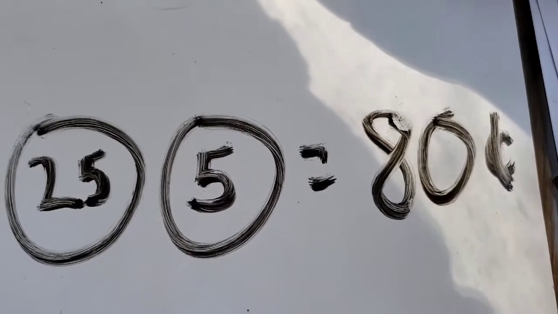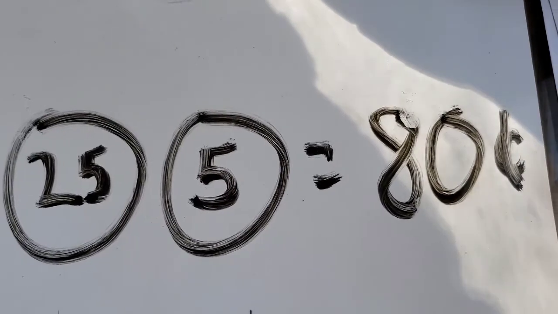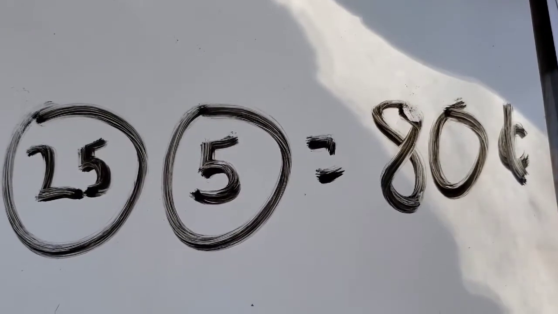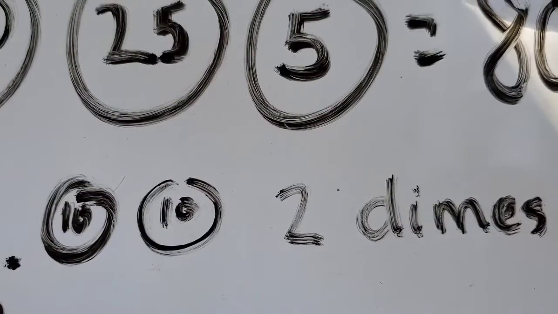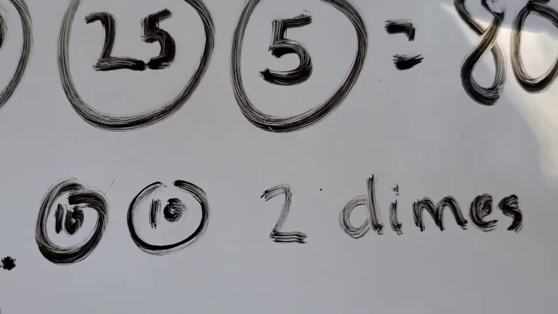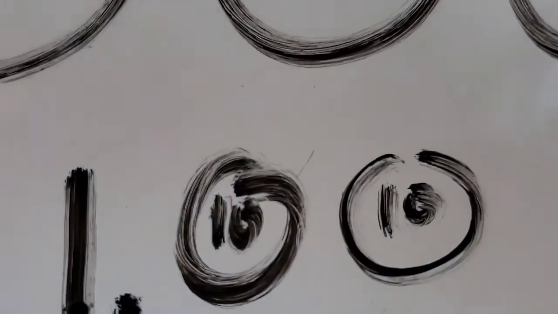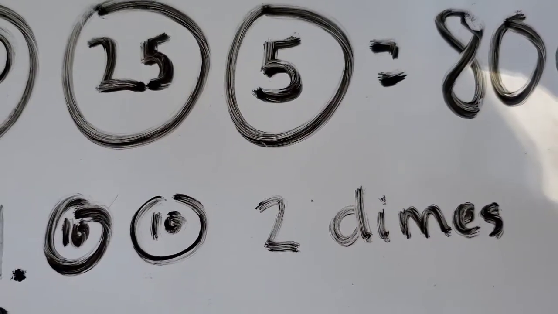So let's do the skip count pattern starting at 80. So 80, 90, $1. How many dimes do we need? You were right if you said 2 dimes because 80, 90, $1. We need 2 dimes.